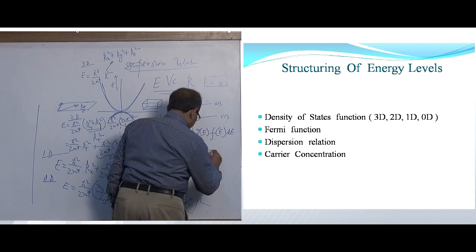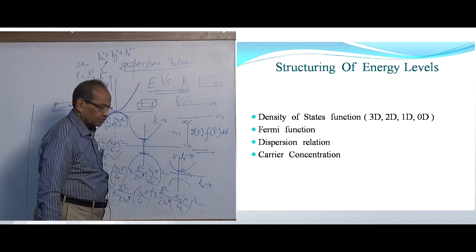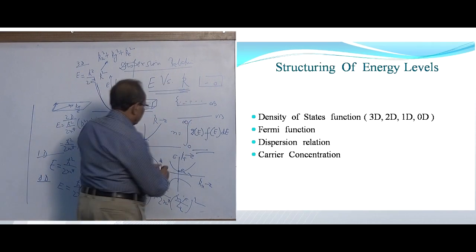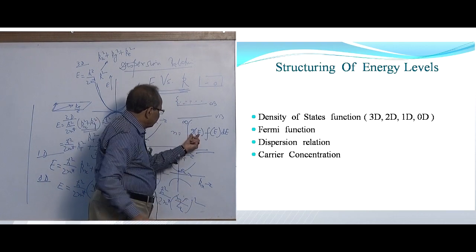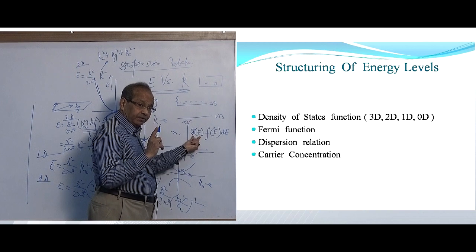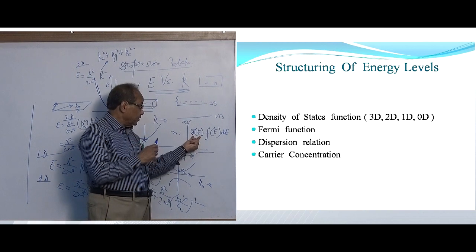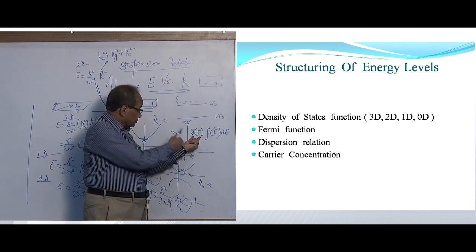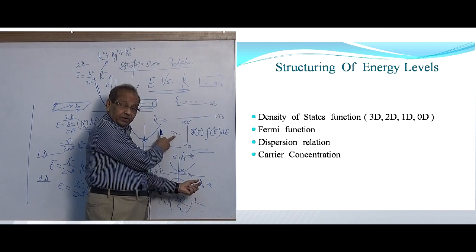Now let me explain this mathematics. See, D(E) dE is the number of electrons per unit volume, right? So electron density comes per unit volume.